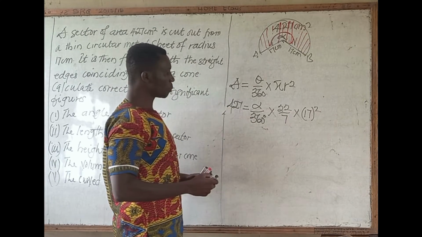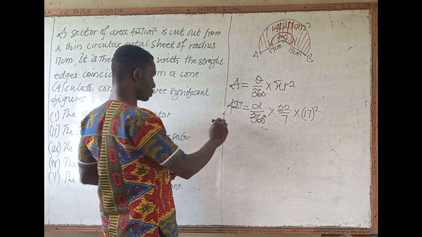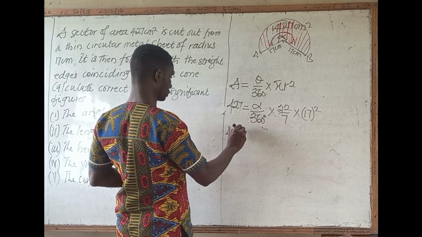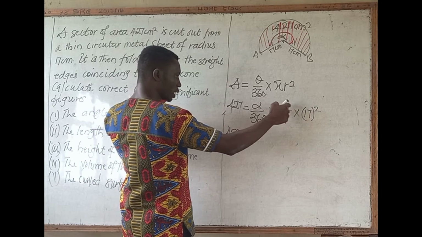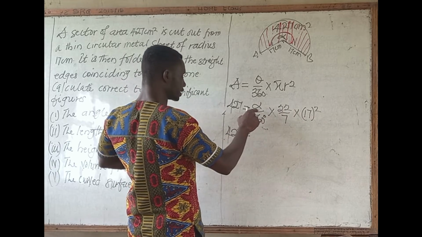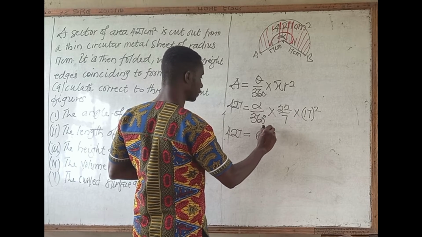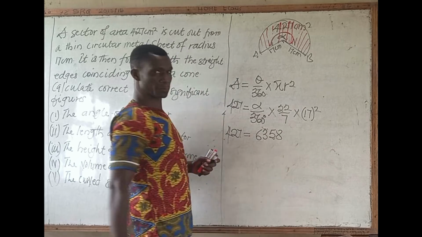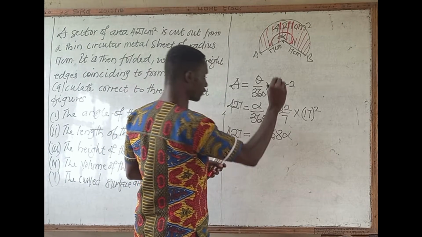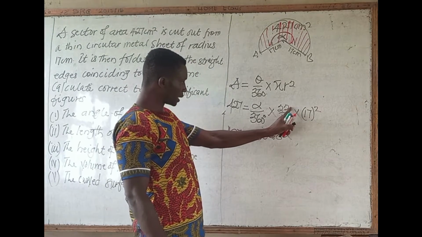So press 17 squared times 22. What do you get? 6,358. So 427 is equal to 6,358 times alpha, divided by 360 times 7, which is 2,520.